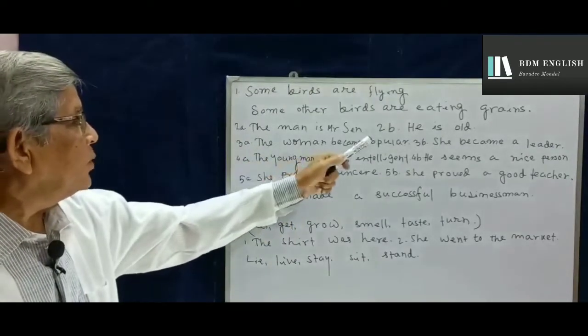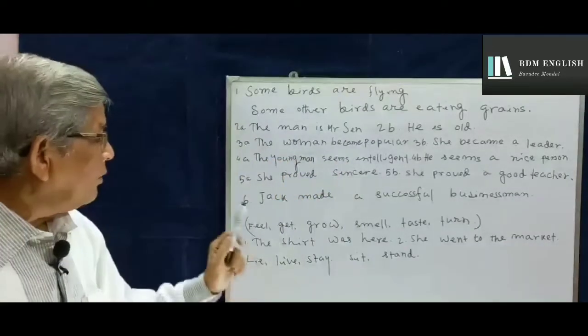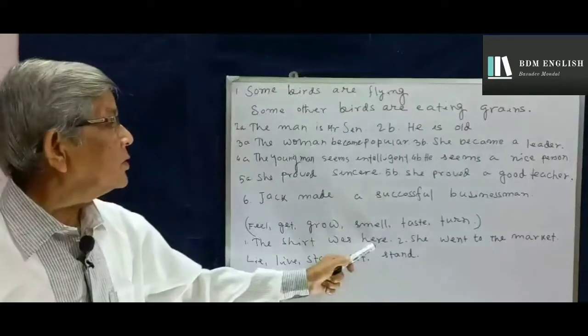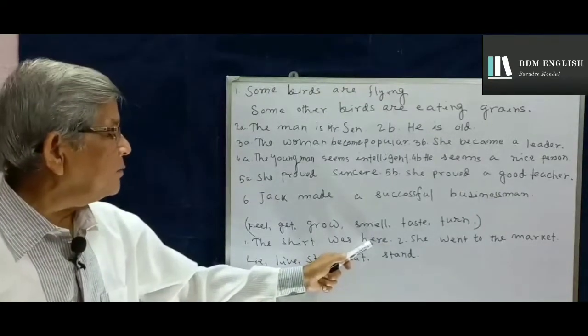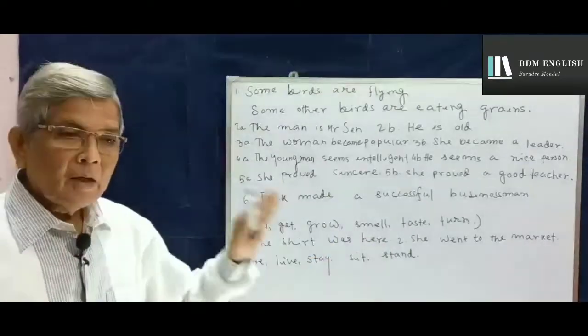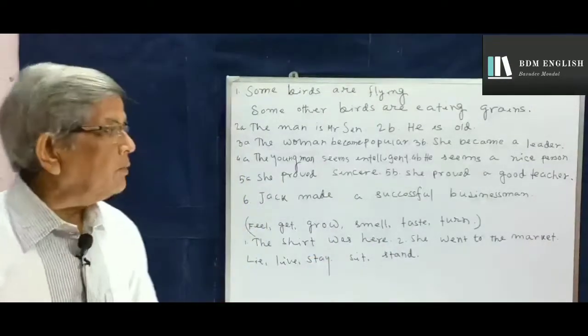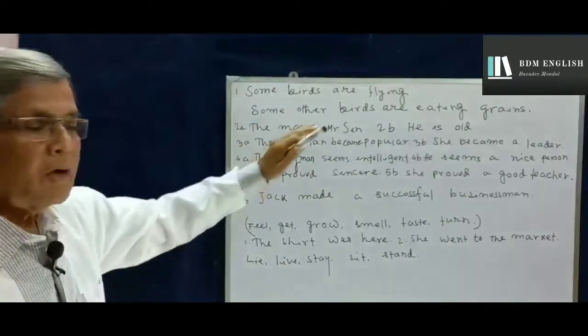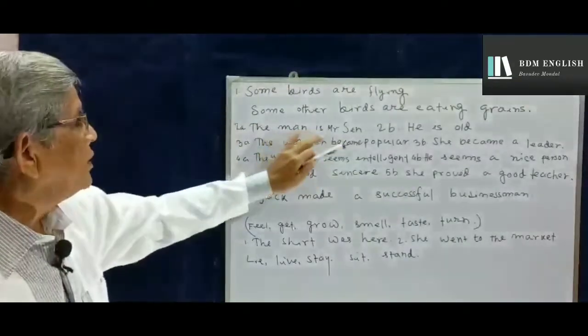And this complement usually describes the subject, but when we use an adverb, not a noun or an adjective, what should we call it? Is it a complement or not? In traditional grammars, a complement is either a noun or an adjective. The man is Mr. Sen.